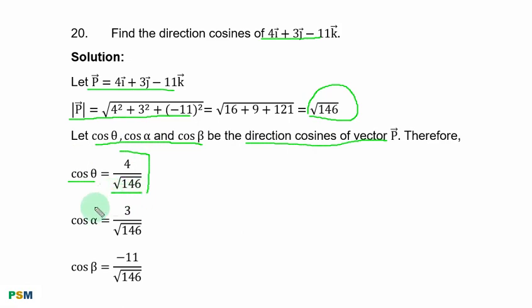The second direction cosine, cos alpha, is equal to the second component 3 over the modulus. The third direction cosine, cos beta, is equal to the third component minus 11 over the modulus, square root of 146.